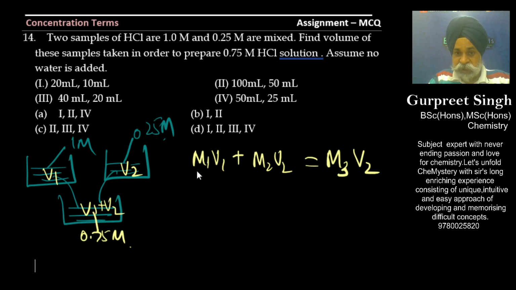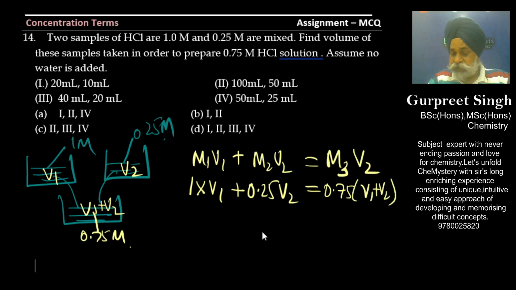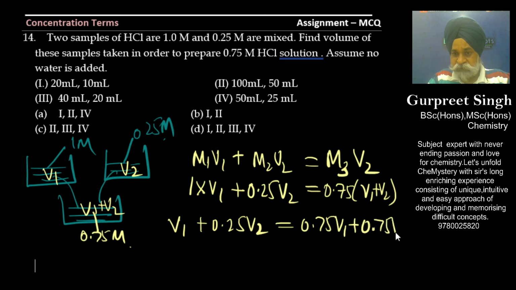So what is the molarity of the first solution? It is 1, and if I have taken V1, what is the molarity of the second? It is 0.25, it is V2, and what is the molarity of the final solution? It is 0.75, which is V1 plus V2. So this would make V1 plus 0.25 V2, and this would make 0.75 V1 plus 0.75 V2.